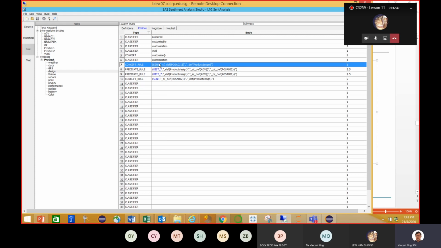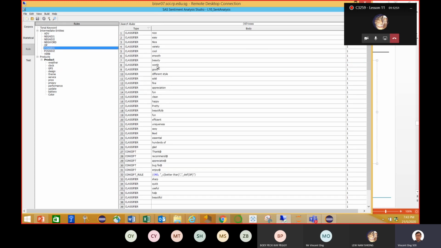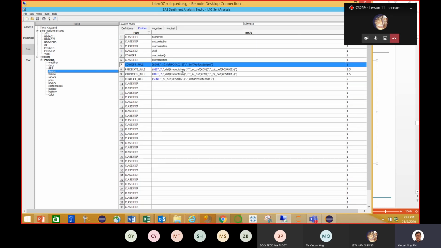Then if any words appear in the same sentence as animation, any of those words defined here as positive, like beauty, animation is smooth, the animation is fun, and so on, then this will be a positive for the sentence, under this feature design.